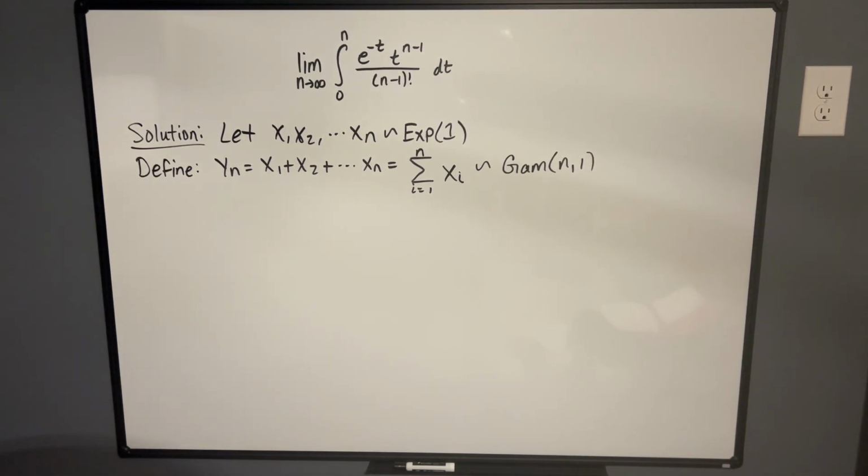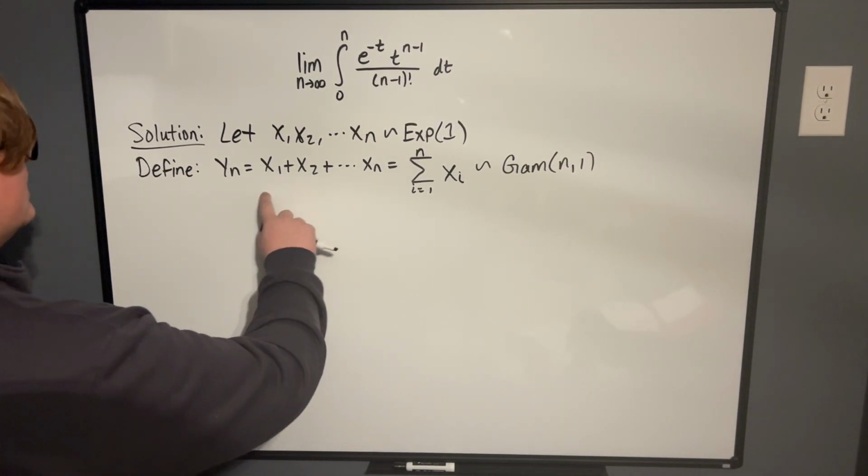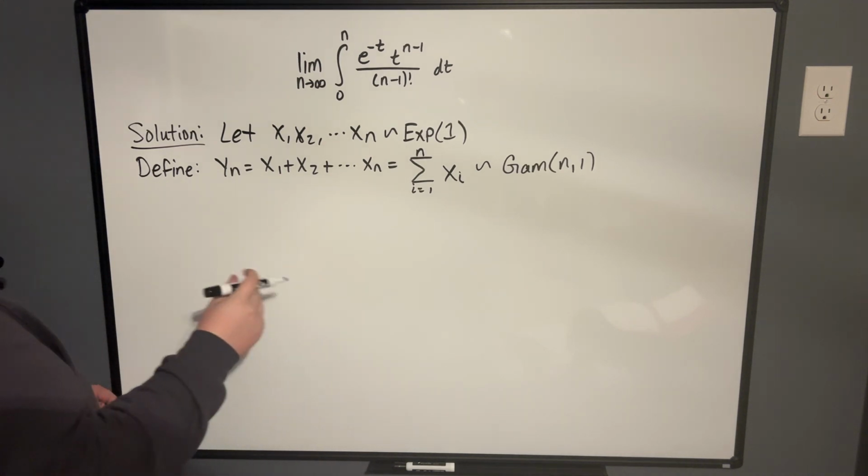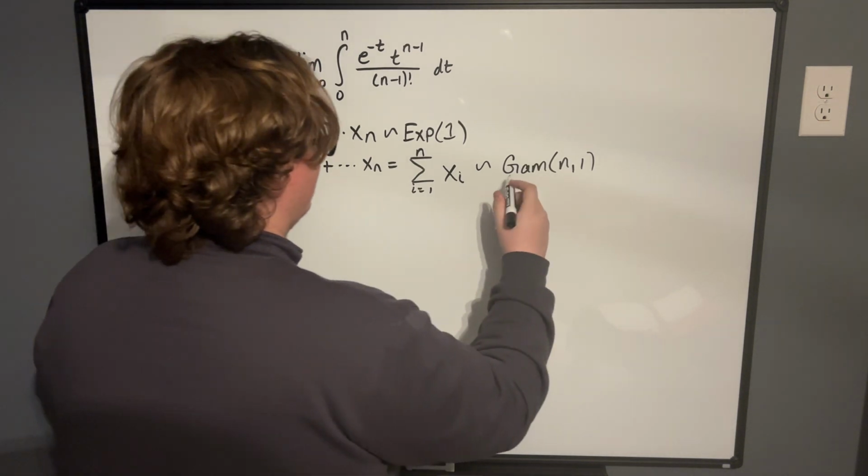So we know now that y sub n is n of these statistics summed together. We can start using the central limit theorem because as n gets larger, this sum can be standardized to approach the standard normal distribution. When we standardize y sub n, we want to look at the mean and the standard deviation.